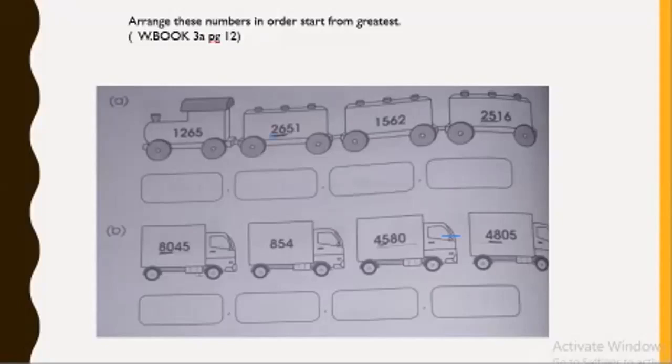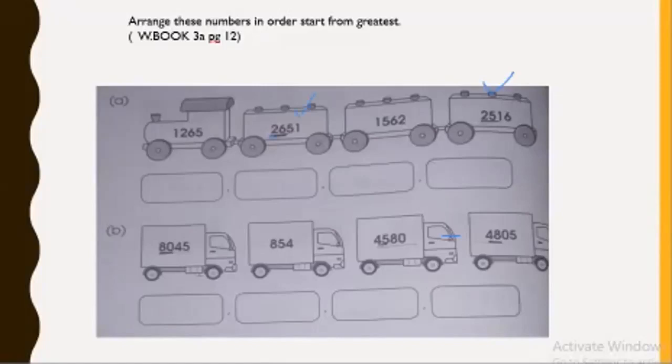So this is the greatest value I think, the 2. Let's compare it with the third one. It's 1562. Okay, again, this is the smaller value because it has 1000 and its place value starts from 2000. Let's compare this and this to find out the greatest number.